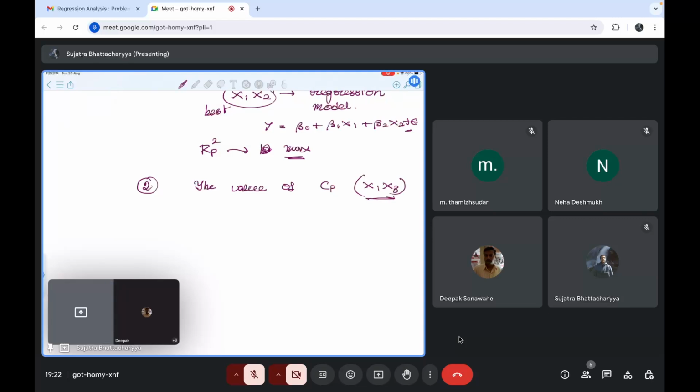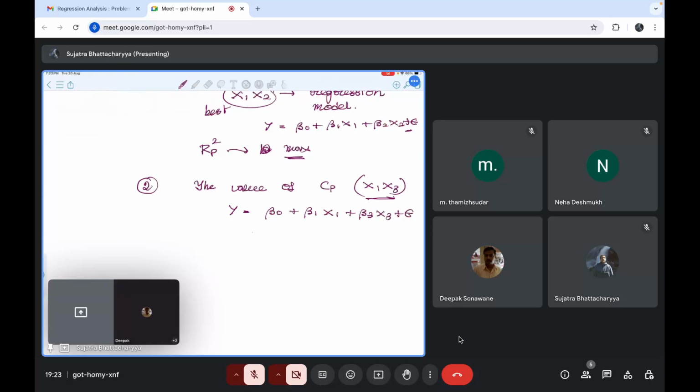The question asks: what is the value of the Mallows' statistic? So x1, x3 means what is the model? It is beta naught plus beta 1 x1 plus beta 3 x3 plus error.